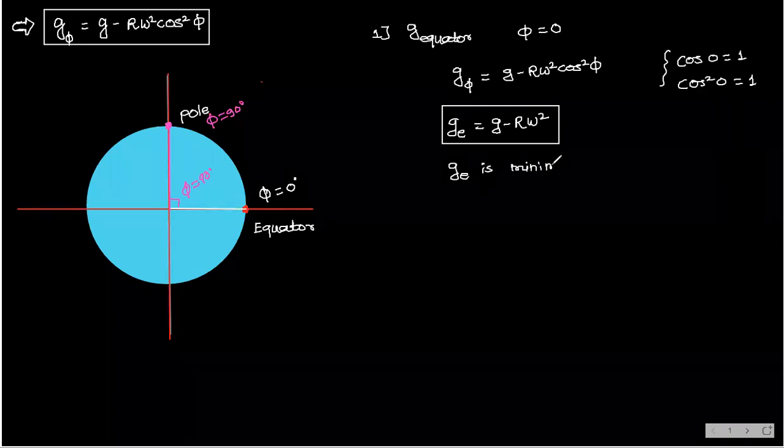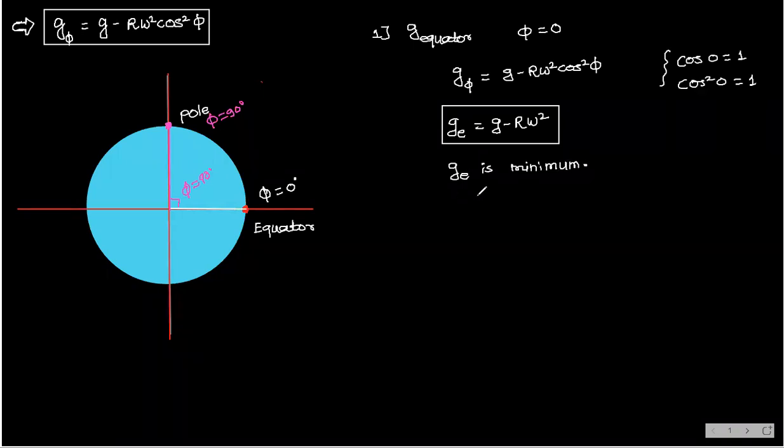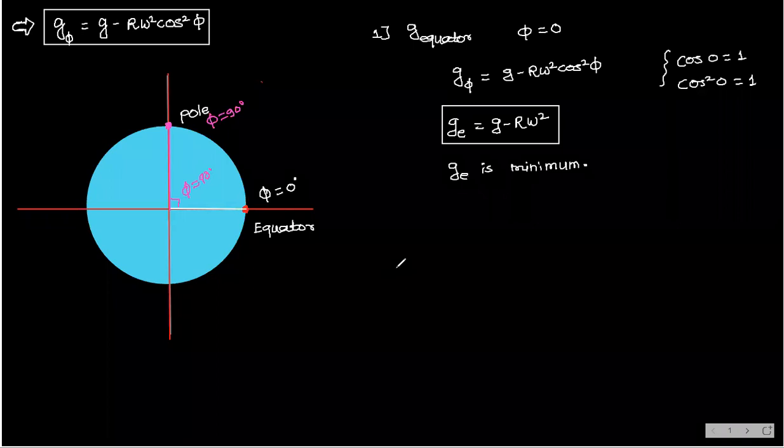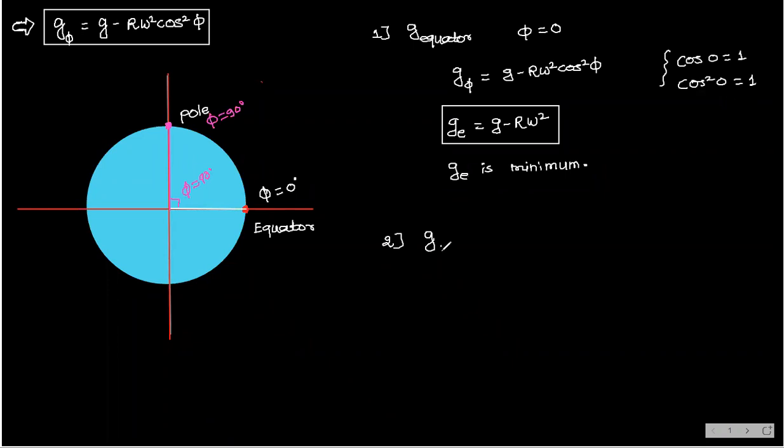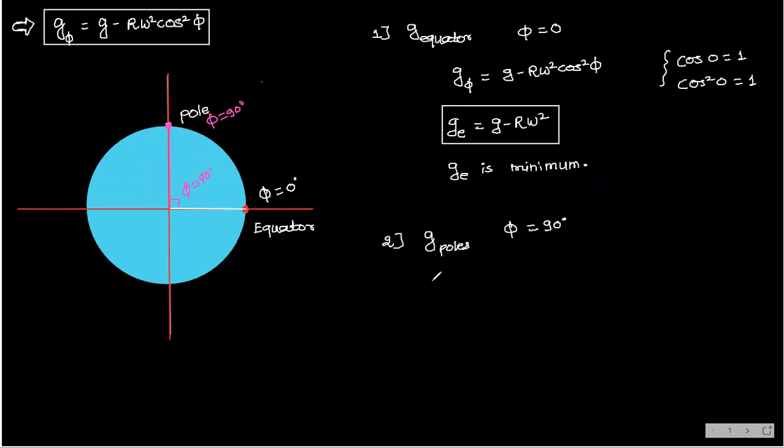That implies, where is gravity minimum? At the equator. Now, second point, you see at poles, phi is equal to 90 degrees.